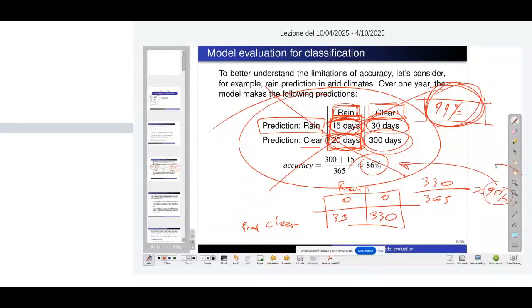So my classifier, the 86%, on its own is telling us something, how many times I will get the correct answer, but it's not telling us whether it's actually a useful classifier, in the sense that just by looking at 86%, we can't know whether the classifier is actually able to extract information from the data, or, like in this case, is doing worse than if we didn't even use the classifier at all.